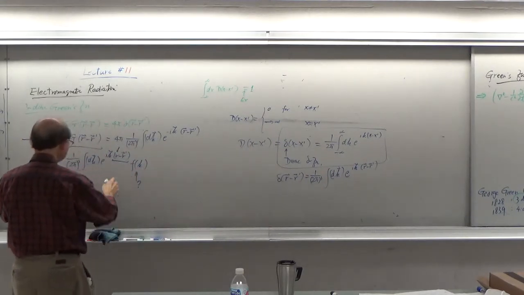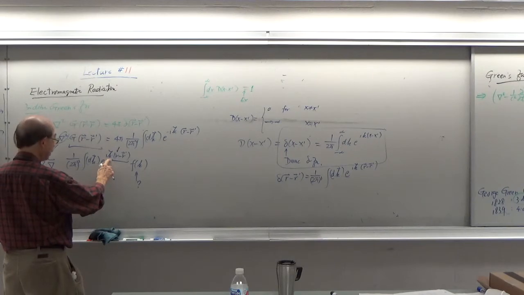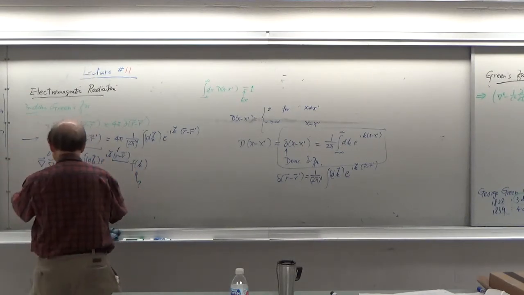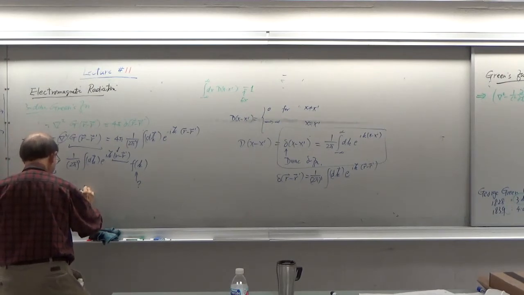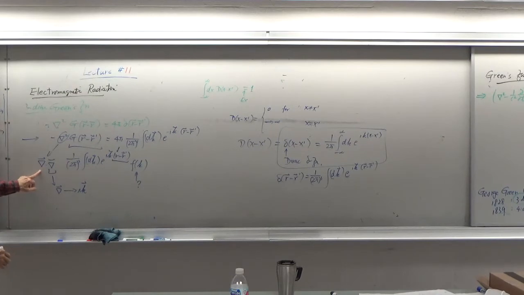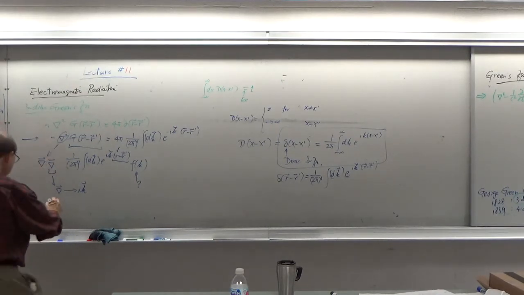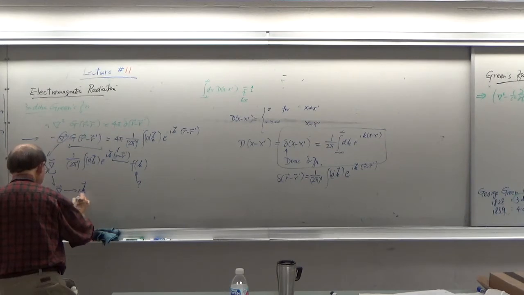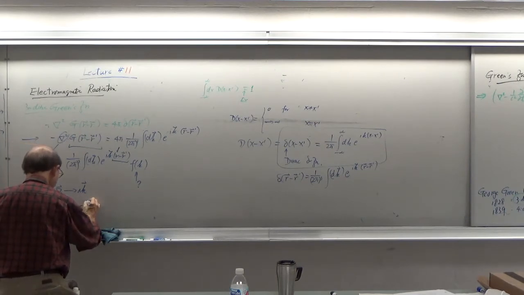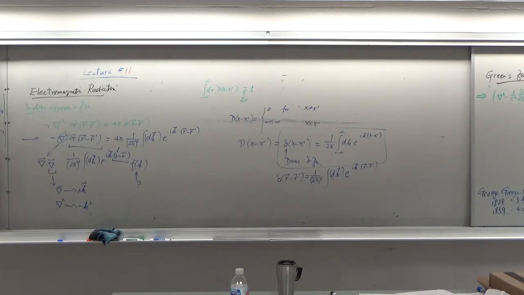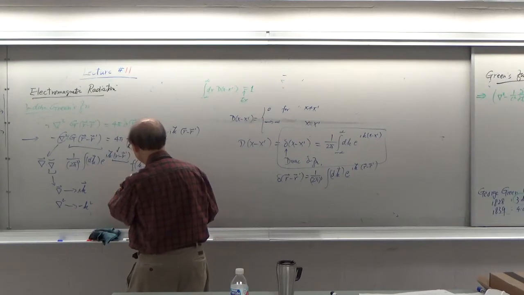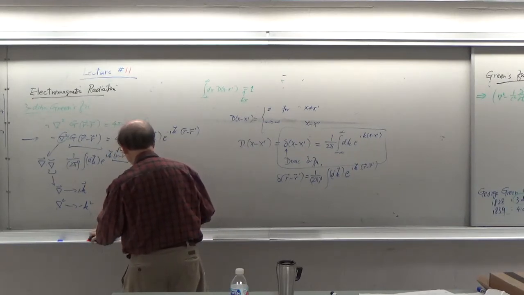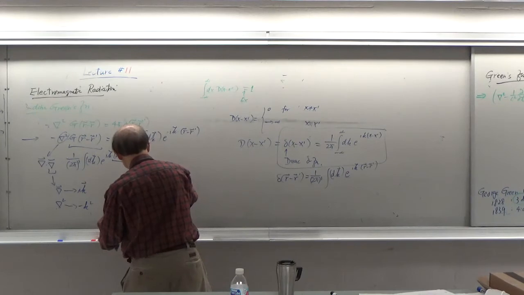So when the gradient acts on this, it brings down i k. So essentially the Laplacian can be replaced by ik, and there are two of them. So this effectively means that I can replace this by the square of this, which is minus k squared. So the guess is that this is in fact 1 over k squared.